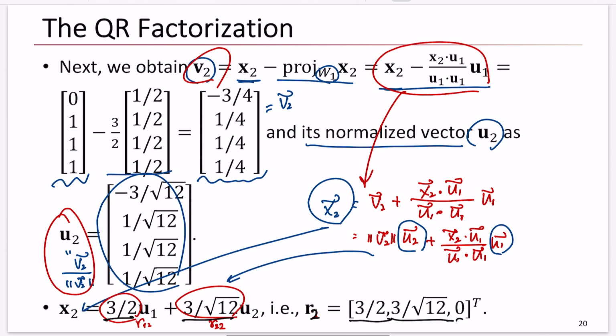Anyway, as I mentioned previously, we can find a more efficient way to find the matrix R, but here I just describe how to derive each vector r1 and r2, like this.